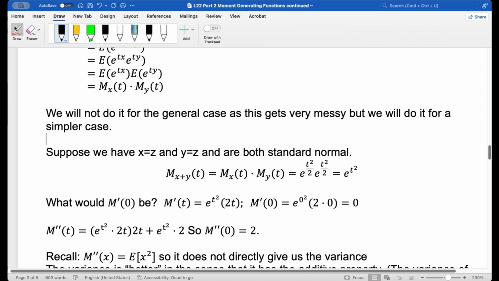So in the product rule situation, this is f prime times g plus f times g prime.